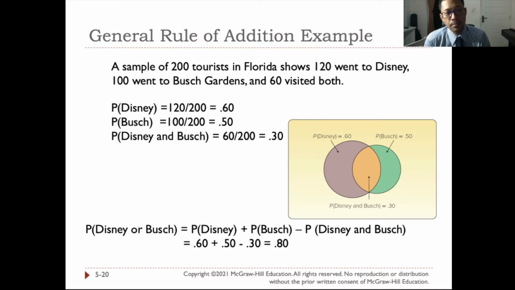So the probability of visiting either Disney or Busch Gardens is the probability of visiting Disney plus the probability of visiting Busch minus the probability of visiting Disney and Busch, which is 0.6 plus 0.50 minus 0.30, which is 0.80. So the probability of a tourist in Florida visiting Disney or Busch Gardens is 0.8. Okay.